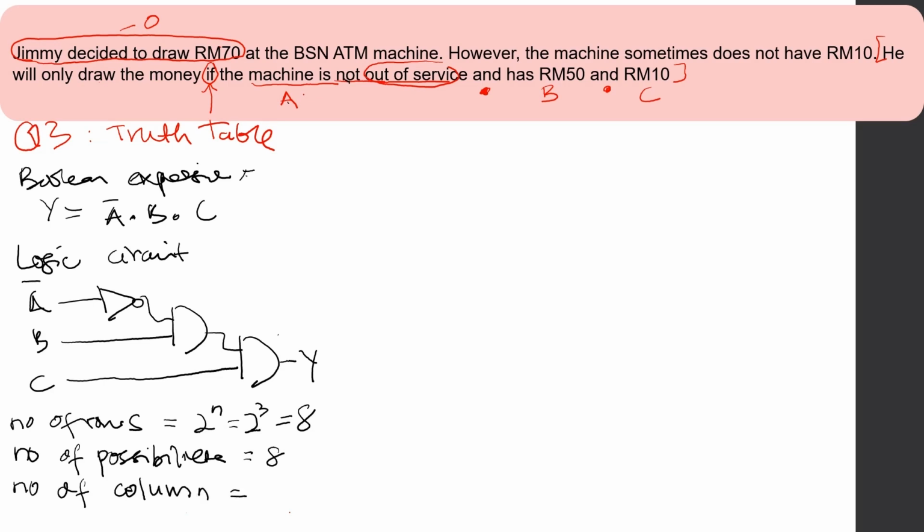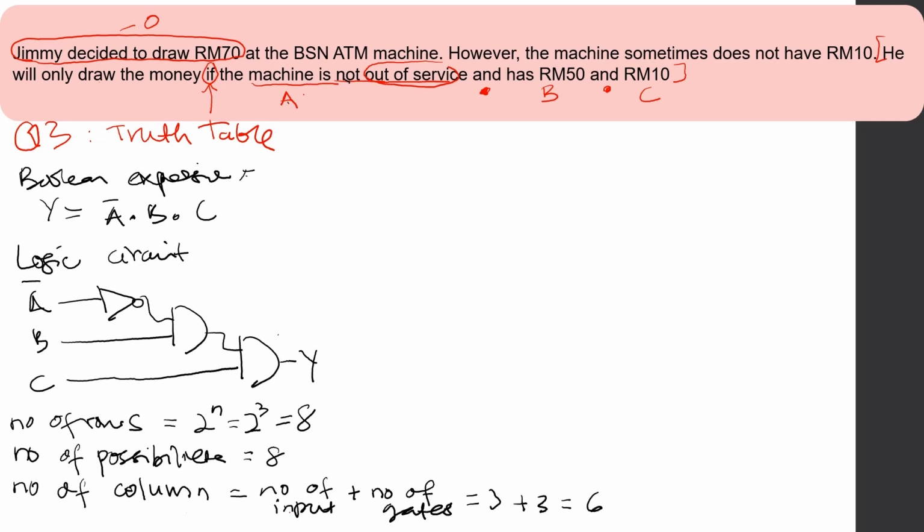Number of columns actually depends on the number of inputs plus the number of gates. So the number of inputs is 1, 2, 3, equal to 3, plus the number of gates: 1, 2, 3. So plus the NOT and then plus 3, so equal to 6. Right? Okay, so just draw it.